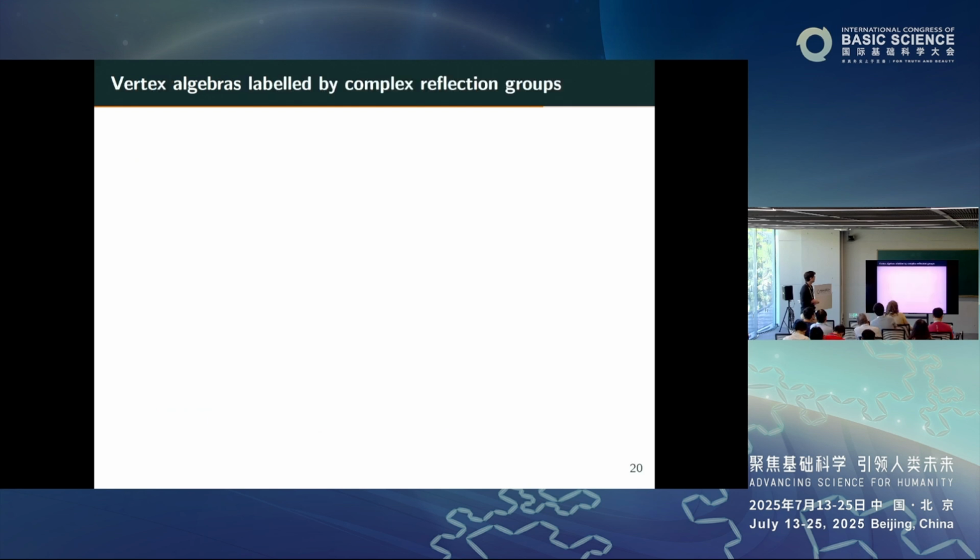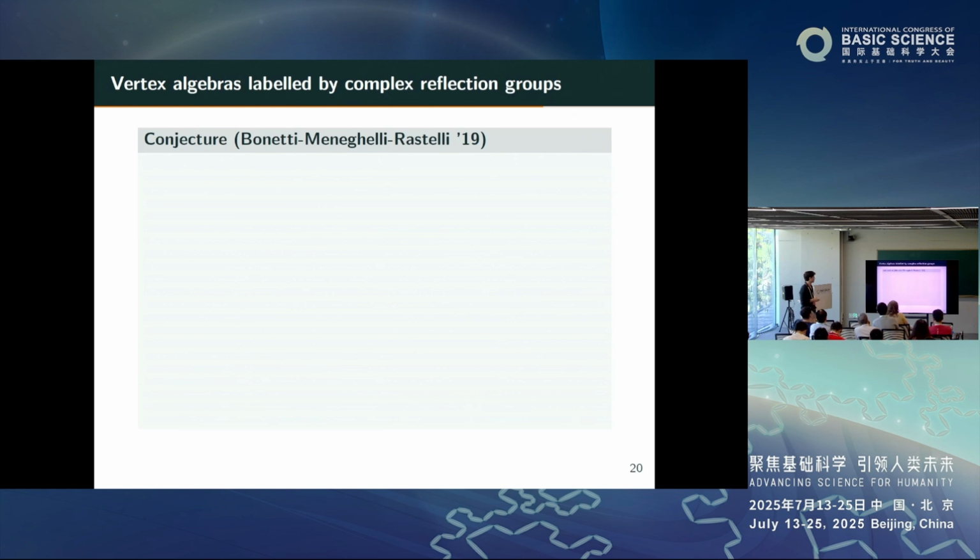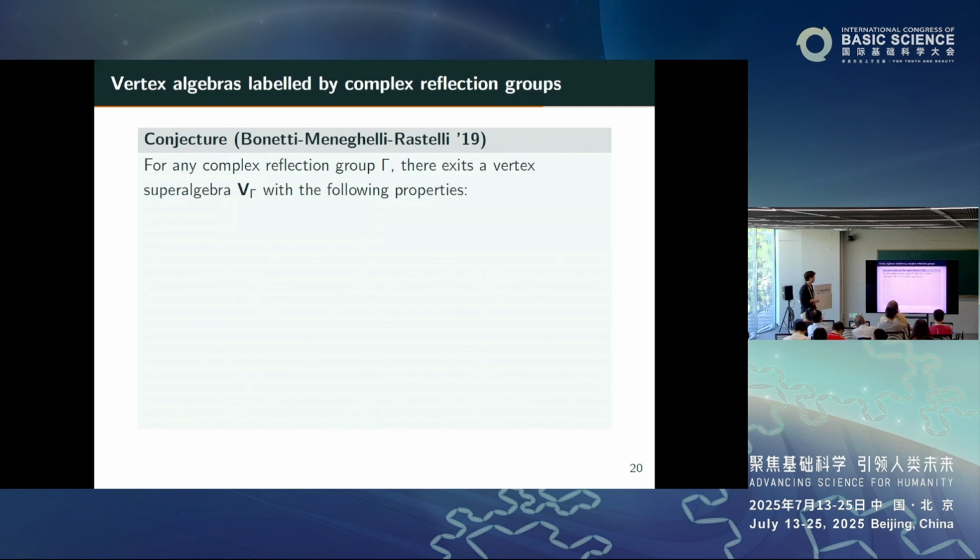I explained that for each complex reflection group, you can associate some symplectic singularity by considering some orbifold. And there's a related conjecture by Bonetti, Meneghelli, and Rastelli, who are again physicists. They say that for any complex reflection group, there should be a vertex superalgebra with the following properties. First, its associated variety is isomorphic to... I'm sorry, that's many mistakes.